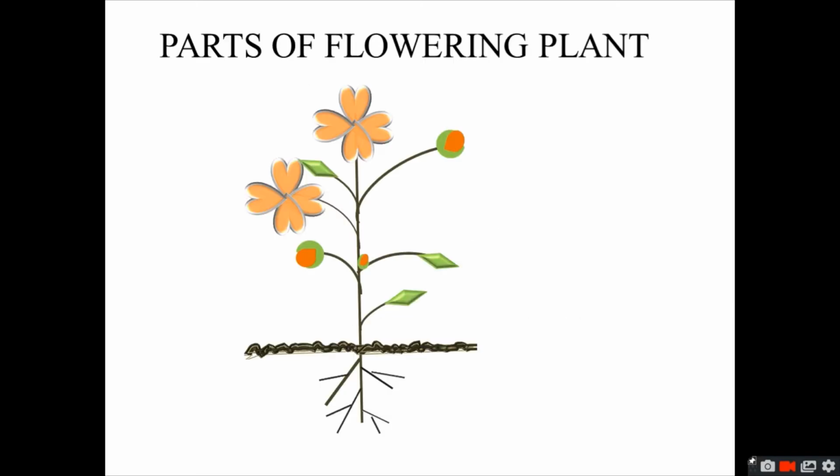So let's start by knowing the parts of flowering plant, and here what we can see is the mature flower which is arising at the apex of the main branch.